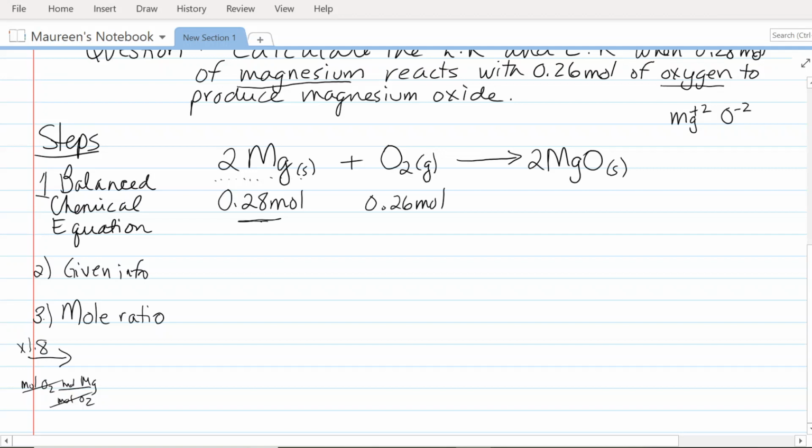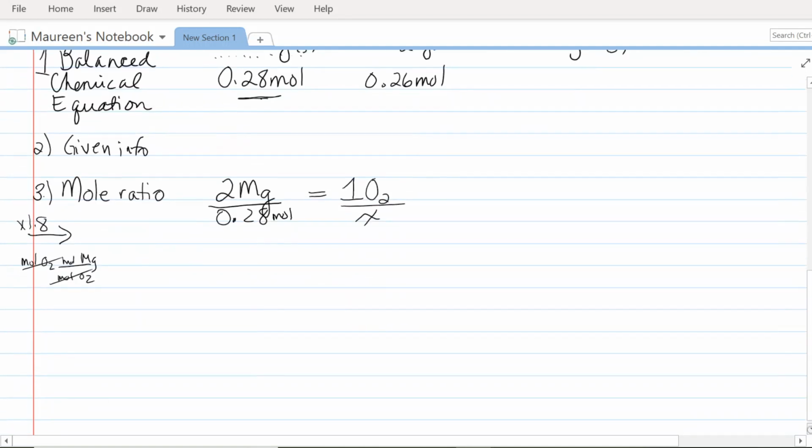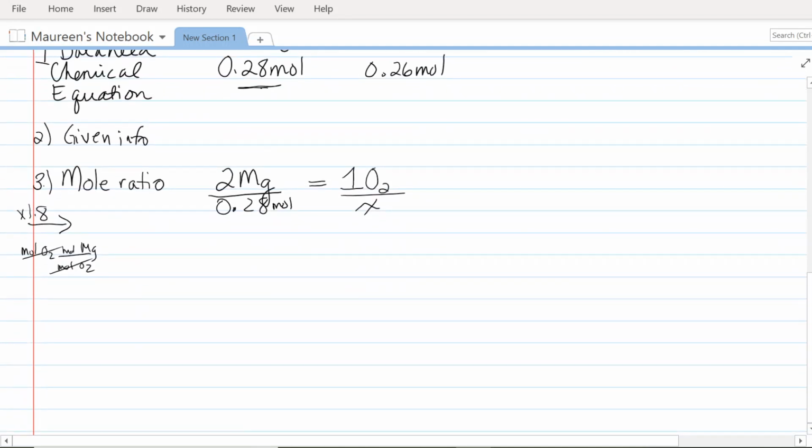So in my mind, I visualize making this into a little ratio. I've got 2 magnesiums over 0.28 moles, and I'm going to set up a ratio with the oxygen here. Remember, when there's no number in front, that's like a 1. So what this is telling me is that if I want to use up all of the 0.28 moles of magnesium, then how much oxygen would I need to go with it?